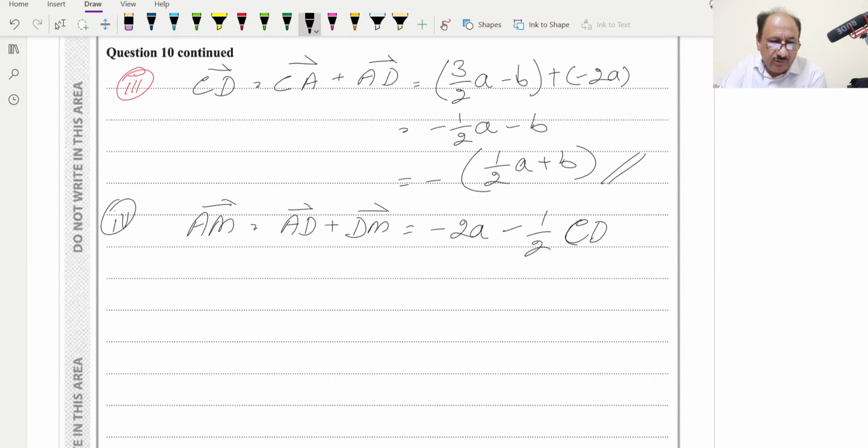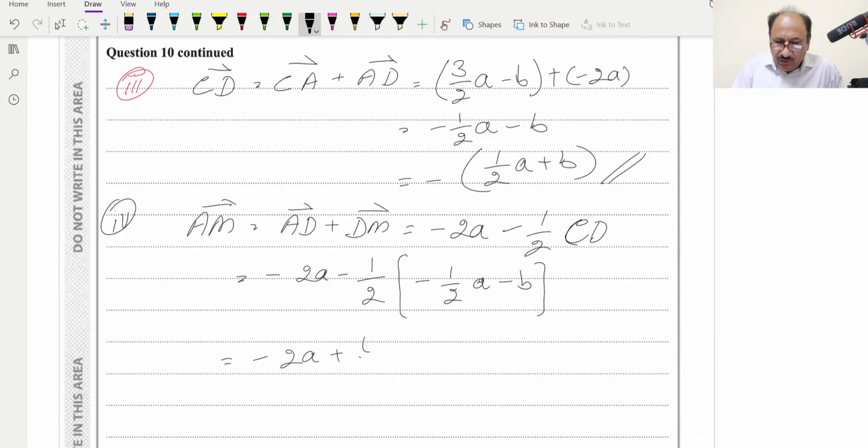So we can write CD over here. CD we have just calculated. So we will replace values, minus 2A minus 1 by 2 of CD, which is basically minus 1 by 2 A minus B, and if we open the bracket and simplify, this will be minus 2A plus 1 by 4 A and plus 1 by 2 B, and this will be equal to what?